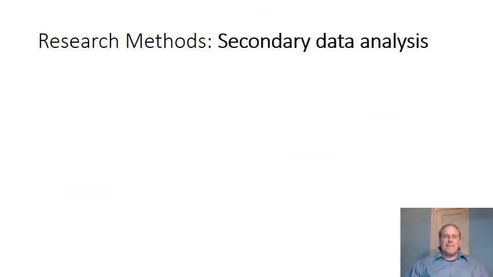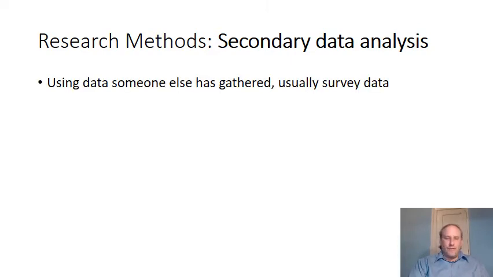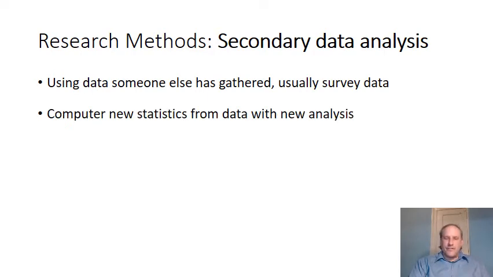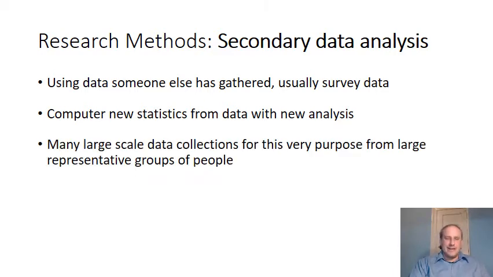The next method is secondary data analysis, which is a way of saying instead of doing, say, a survey yourself, you use somebody else's survey, but you use the data and give new analysis to variables that hadn't been done before. Somebody else has gathered the data, as I said, often survey data, and you can use a computer to do new statistics from the data with new analysis.